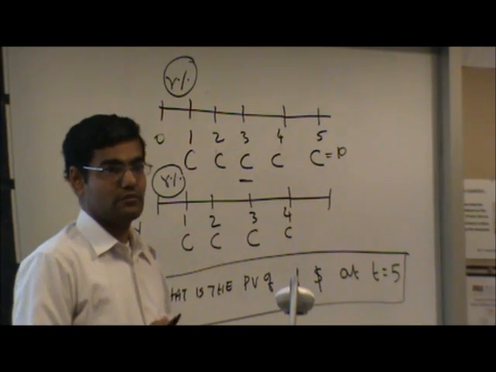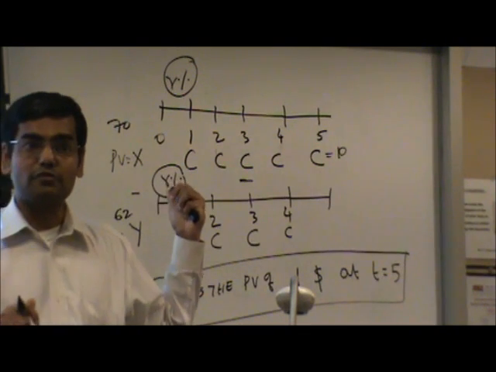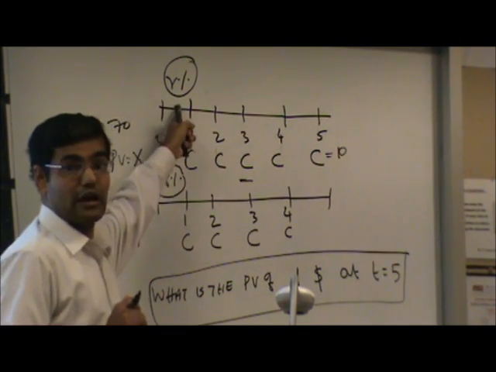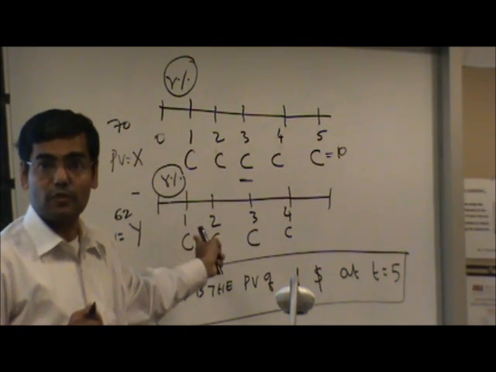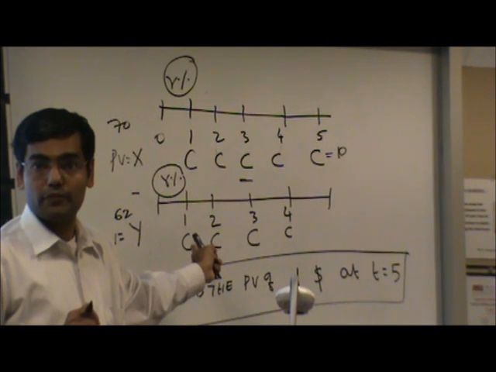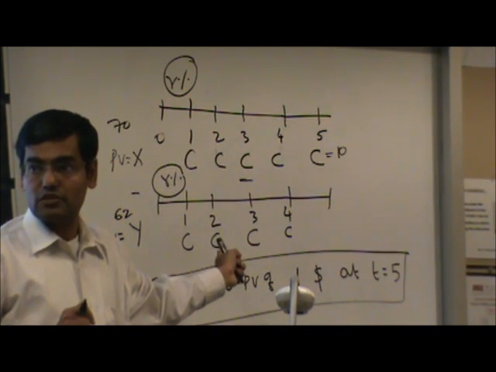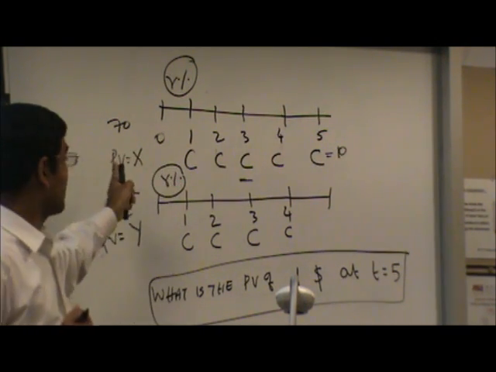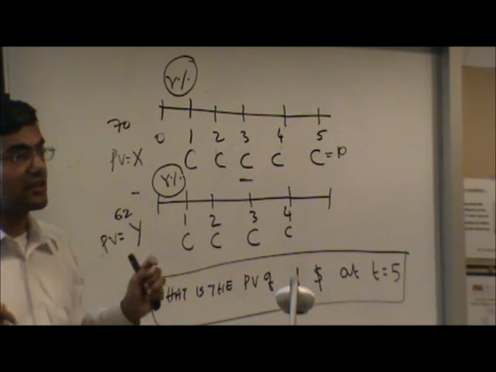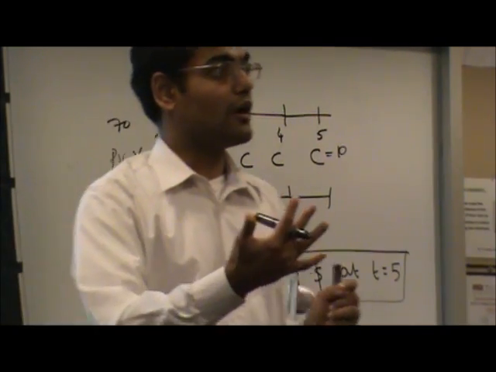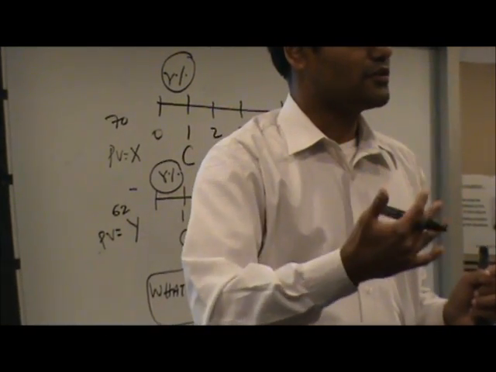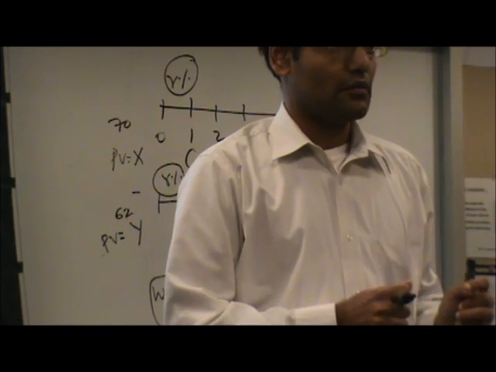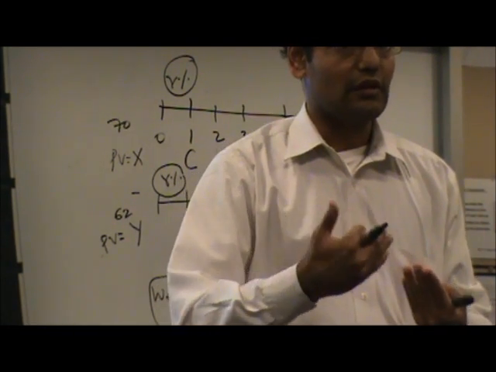Suppose this problem was given with no information about R, you can still solve it, right? Suppose I told you that the individual cash flows are $10, but the present value for the first case is 70 and the second is 62, you can solve the problem. You don't need to know R, because you can apply the concept. So this is an application of the additivity principle.